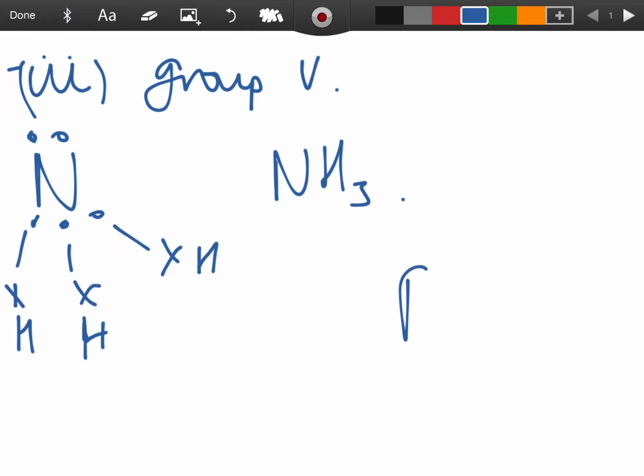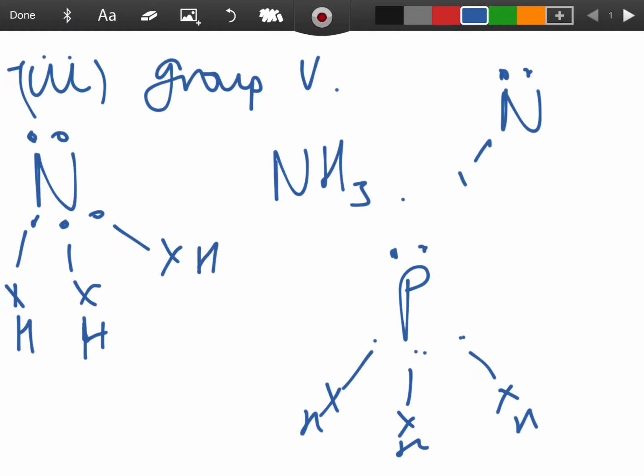You could do the same sort of thing for phosphorus, okay? So that's phosphine, or if you wanted to, you could do a chloride. So you'd have 1, 2, 3, 4, 5 on phosphorus and chlorine has 1, 2, 3, 4, 5, 6, 7, all covalent. Okay, all covalent molecules there.